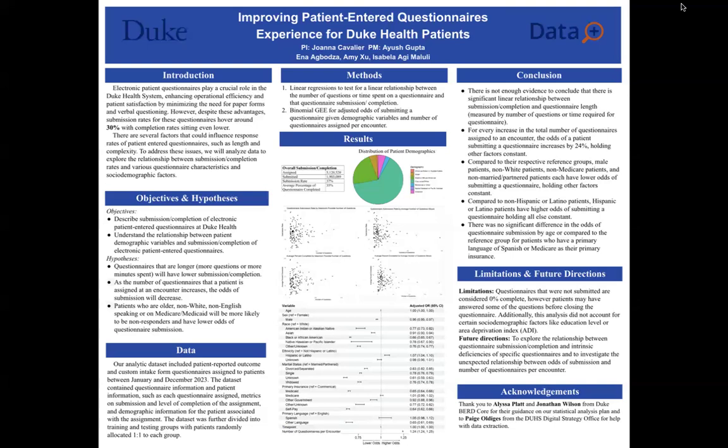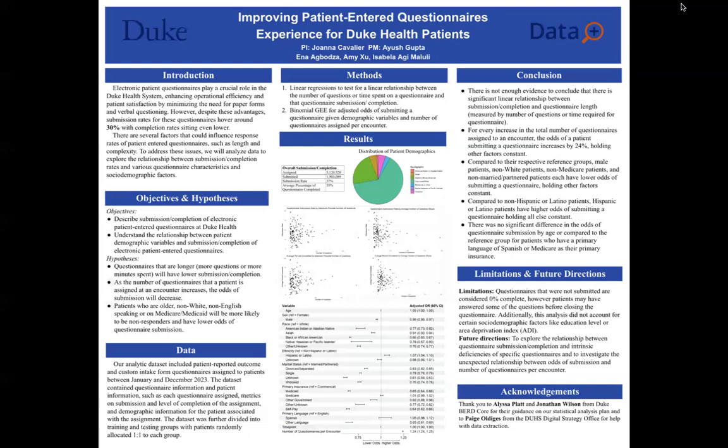So we started with some exploratory analysis. Here we just have a pie chart of the distribution of race in our data set. And we also found our overall submission rate around 37%, with the average percentage of a questionnaire completed a little bit lower at 35%.